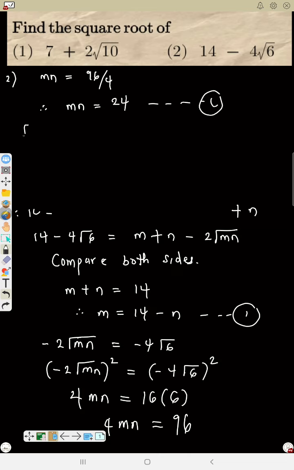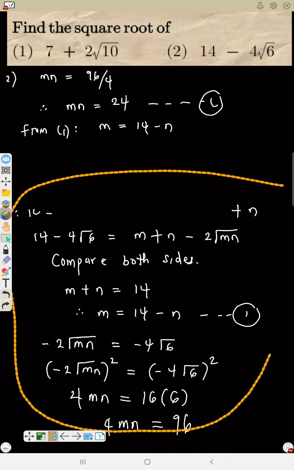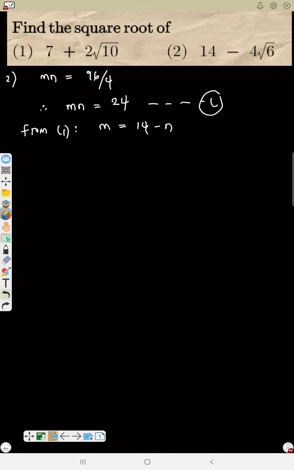Now from equation 1, we have seen that m is equal to 14 minus n. So anywhere you see m here, put 14 minus n. So that is the substitution method. So this will become 14 minus n times n is equal to 24.